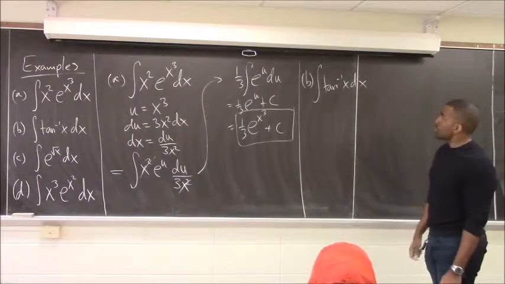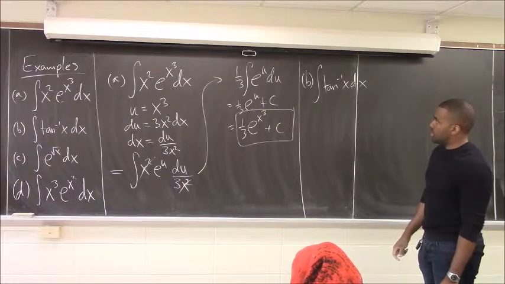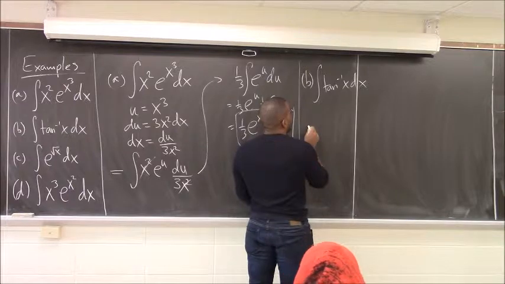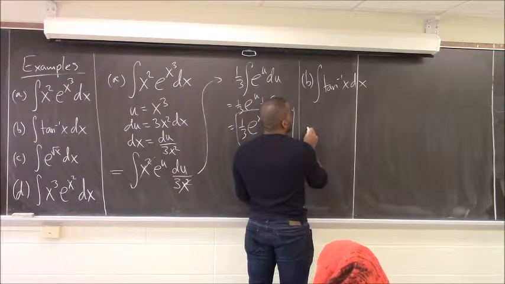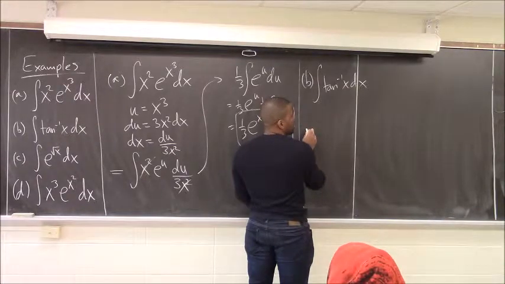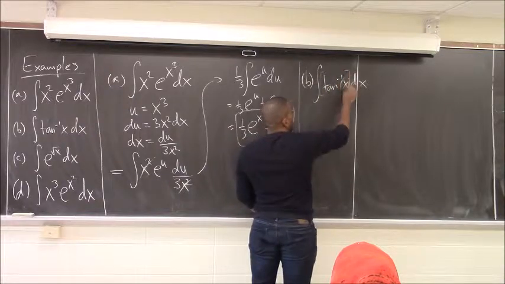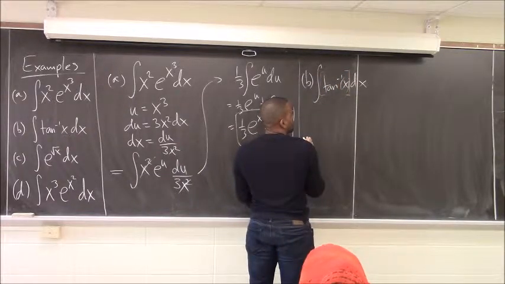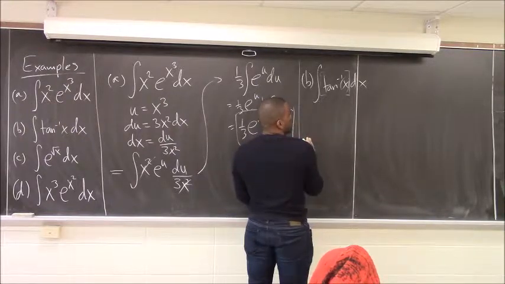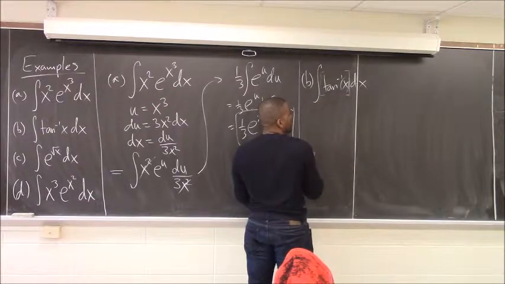Yeah? You did by parts. What were your parts? U equals x, v equals tan inverse. No, arctan. This is one function here, arctan of x. The x isn't separate. You can't have tan inverse by itself. It has to be tan inverse of something.